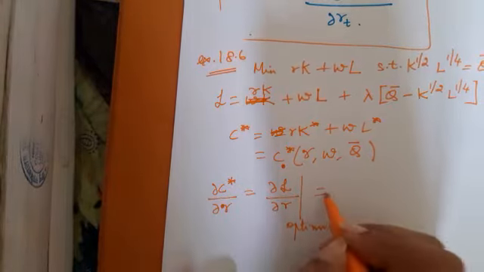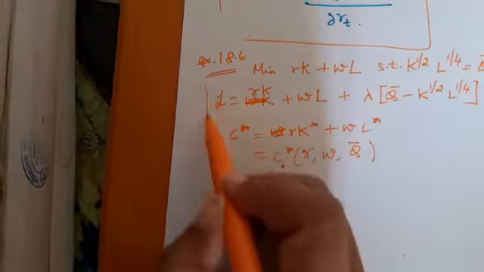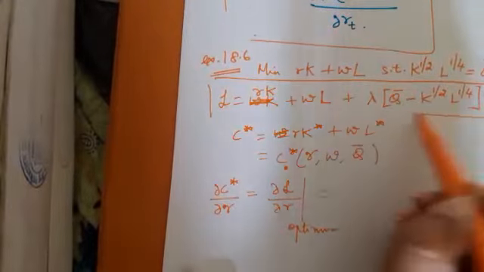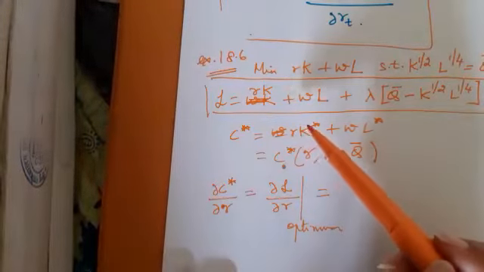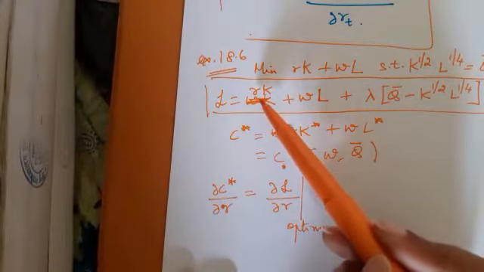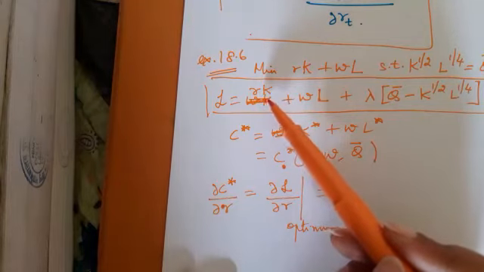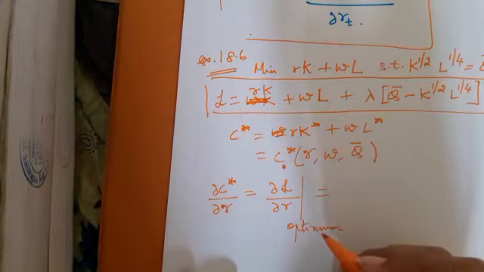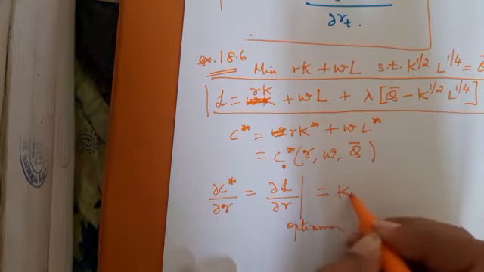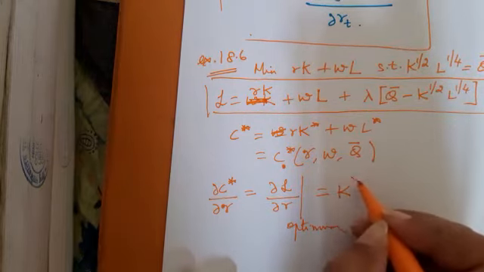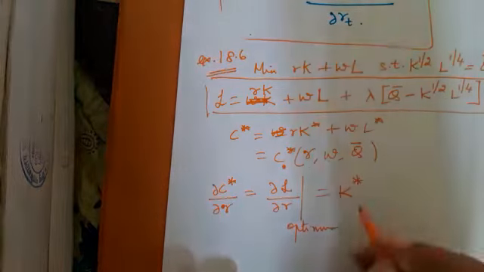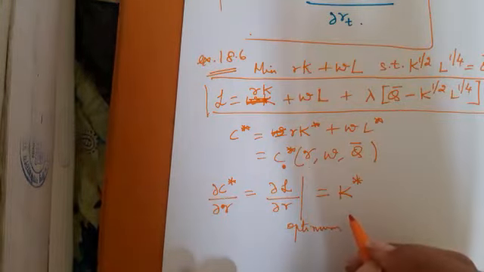Now, this is something very simple. Just take the Lagrangian function, and take the partial with respect to R. What are you going to get? This is the only term that has R, and the partial with respect to R is going to be nothing but K, and then evaluate it at the optimum. So once I evaluate K at the optimum, I get my K star, and this is exactly the result that you got in your calculation of 18.6.